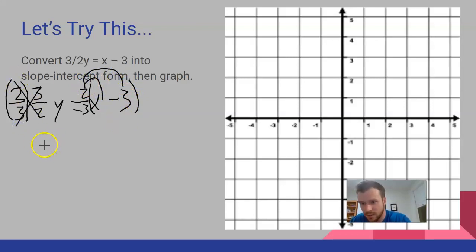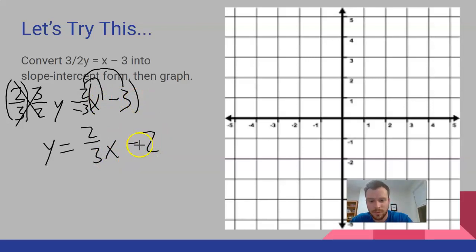So I get y equals 2/3 x minus 2/3 times 3 is 2, so minus 2. So to plot this, I'm going to find negative 2 on the y-axis. So negative 2 is b, it's the y-intercept. And then the slope is 2/3.